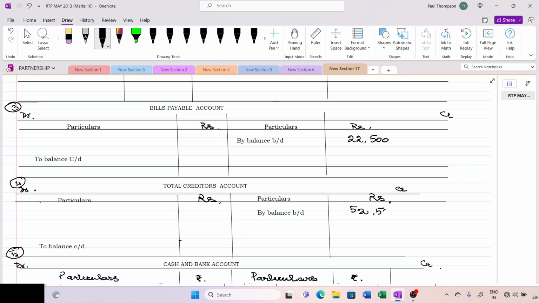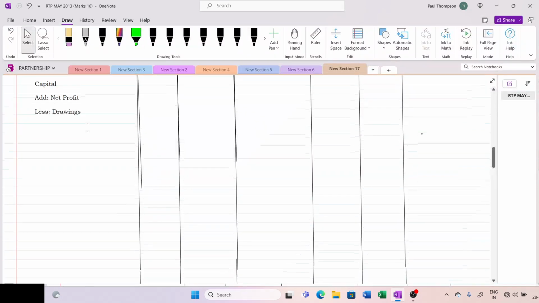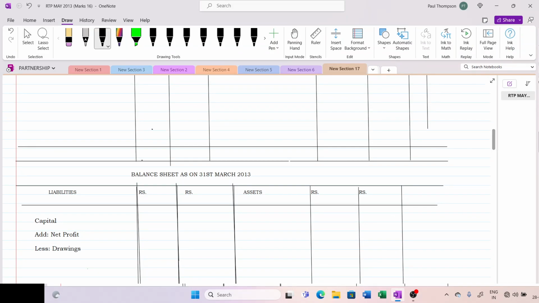And the last item on this liability side of the opening balance sheet is capital, 197,430. I am taking it to my balance sheet, in the inner column, 197,430.